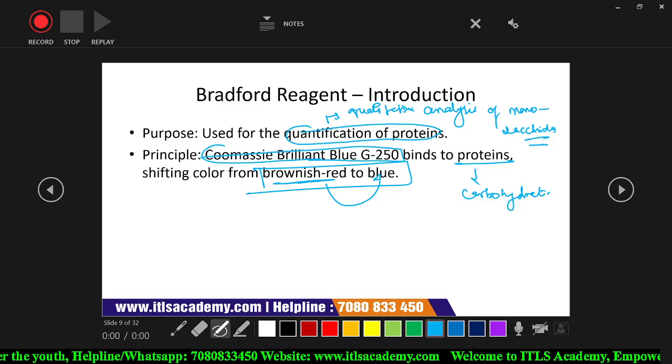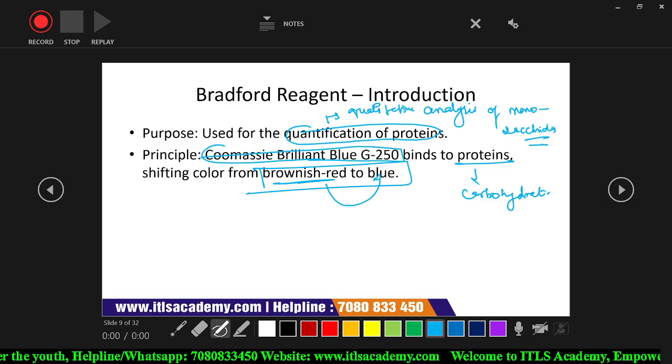Then we mix it properly and make up the volume to 1 liter. Making up the volume to 1 liter means that you have to subtract the volume of the ethanol and the volume of the phosphoric acid from the total volume, that is 1000 ml. Then you have to store it in a dark bottle with proper labeling.